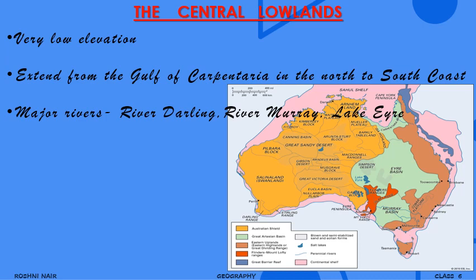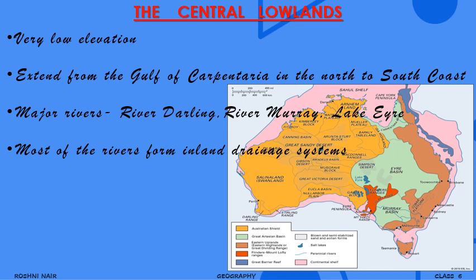And the major rivers we have to learn from this part are River Darling, River Murray, and Lake Eyre. Few more things for us to understand: the central lowlands can be divided, as I mentioned, into three distinct divisions, that is the Carpentaria lowlands. In between we have the Lake Eyre Basin, and in the southern part we have the Murray-Darling Basin.